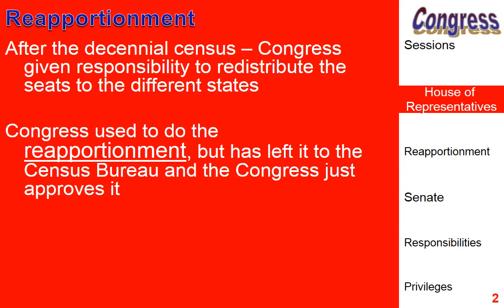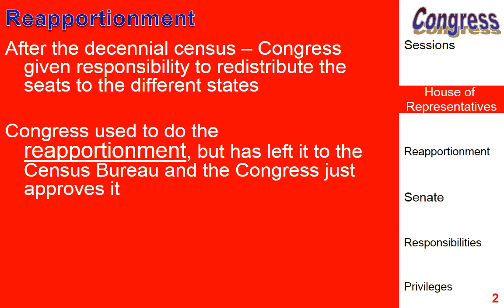And then Congress just says yes or no to that, and it relieves them of a lot of that decision-making process, and again, that political suicide for 1 or 2 members of Congress or 5 members of Congress who all of a sudden discover that their state's going to have one less representative in the House, and it's probably going to be their job that's going to be eliminated.